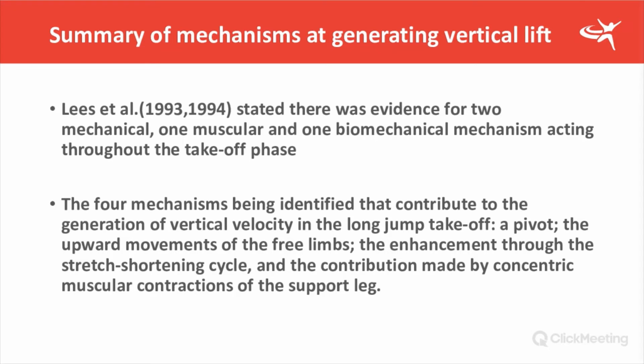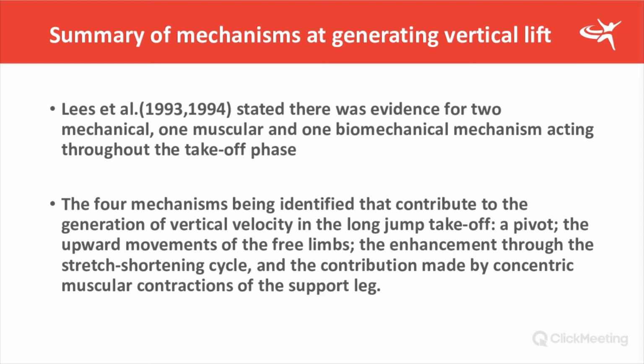Now the four mechanisms are described as the pivot. If we look at that fixed position at takeoff coming through, in the same way as a wooden stick would pivot over, or similar to the pole vault, that's the first mechanism. We've got the swinging action of the free limbs, with the free leg and the arms.